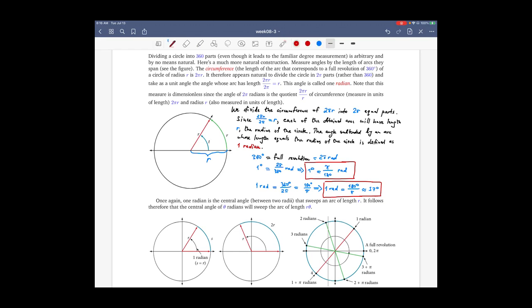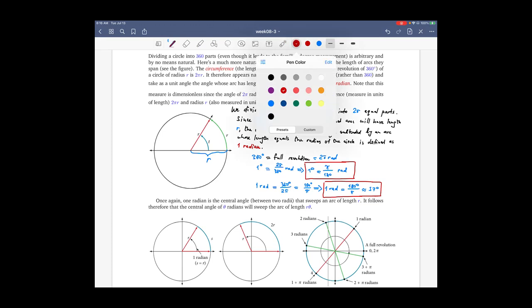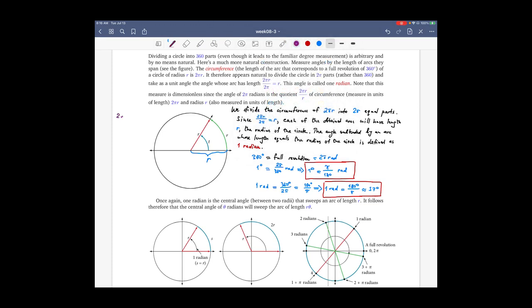right? So when you write that 2 pi equals 2 pi r over r, that's circumference over radius. Both are measured in units of length, say in inches.